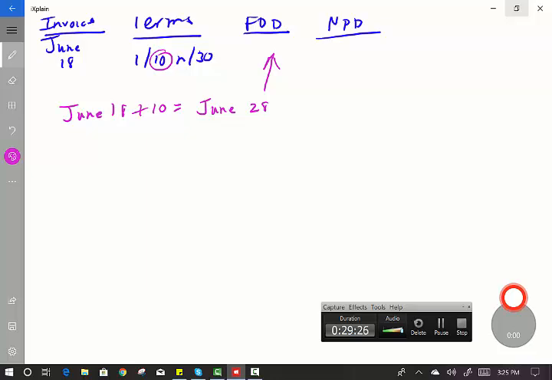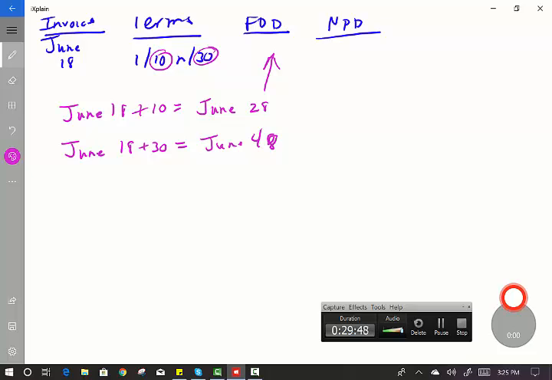Okay, now it says that the net is due in 30 days without any type of discount. So I'm going to start with June the 18th plus 30 days, and that equals June the 48th. Well, obviously June 48 does not exist.